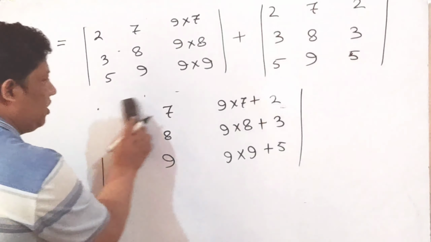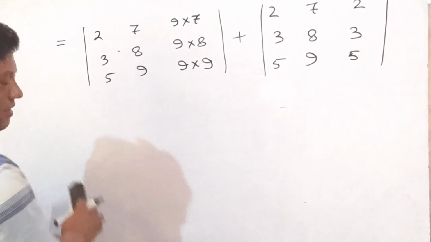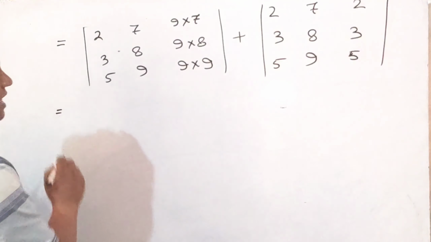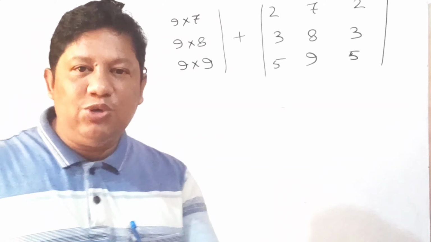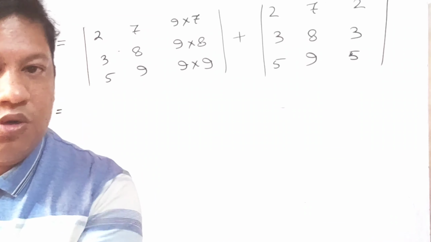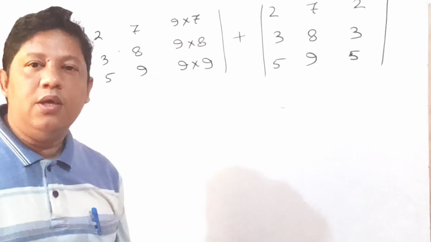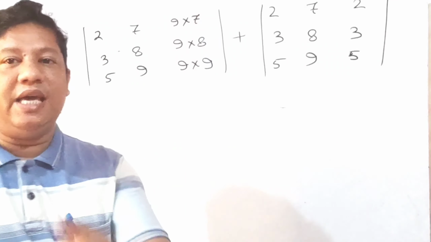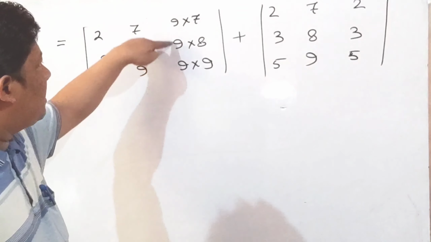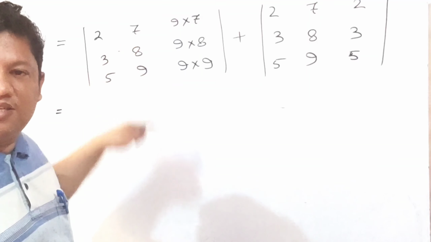So my students, I think you understand. Next, I take 9 common from this column, because in a determinant you can take common only one number from any row or any column. That is why you can take the common 9 from this side.